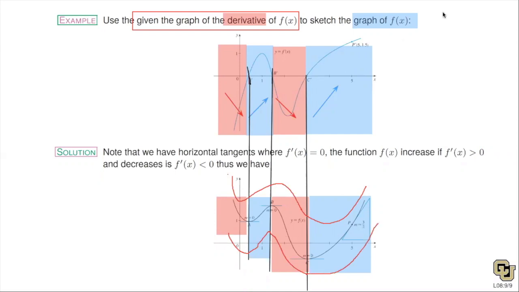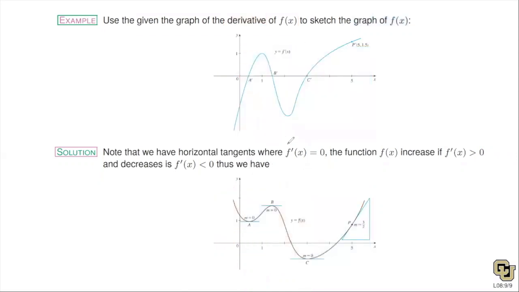It doesn't tell us where it's actually located on the plane. So using the derivative and determining where the derivative is positive and negative, we can sketch the graph of the function. So it's important that you be able to go from the graph of the derivative to the original function, as well as from the original function to the graph of the derivative.